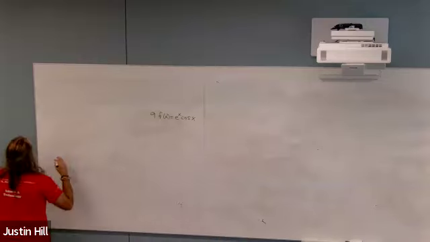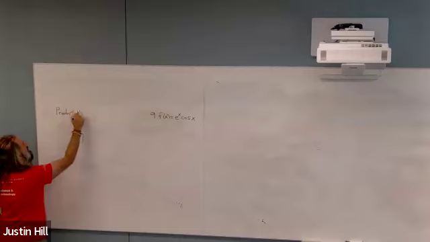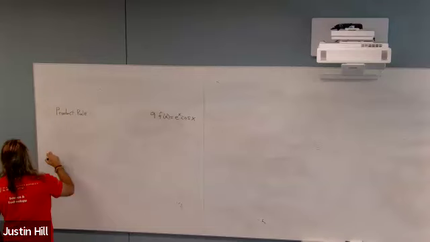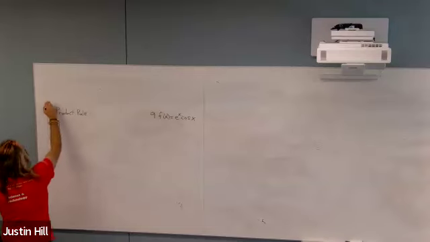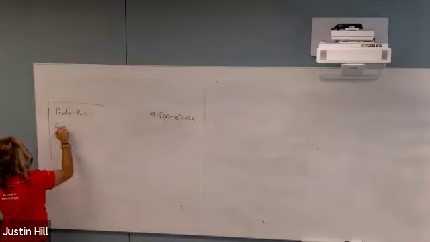So let me give you a couple more. If two functions are multiplied, they call this the product rule. So two functions are multiplied, one function times another.